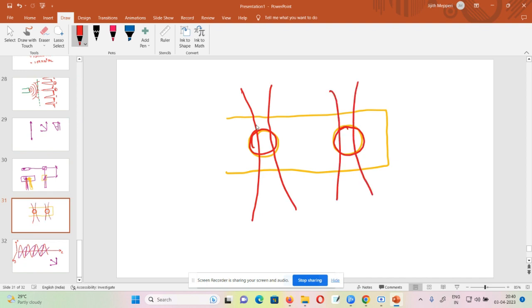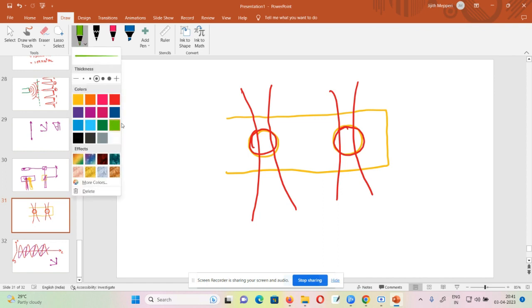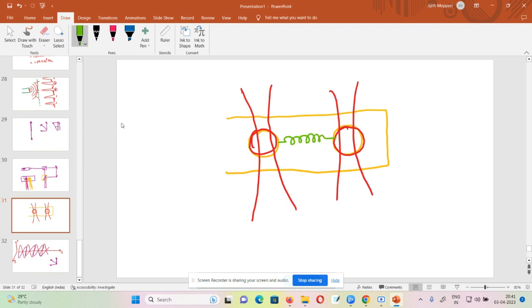These beads are trapped by these laser beams. This will all be in my small microscopic dimension, and in between, my sample will be there.